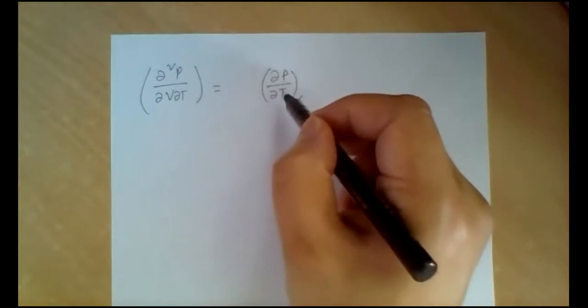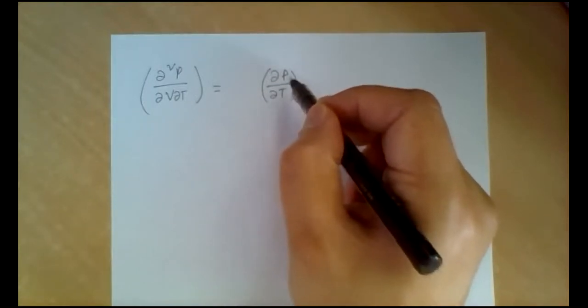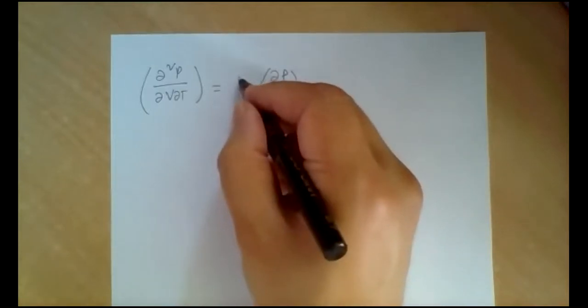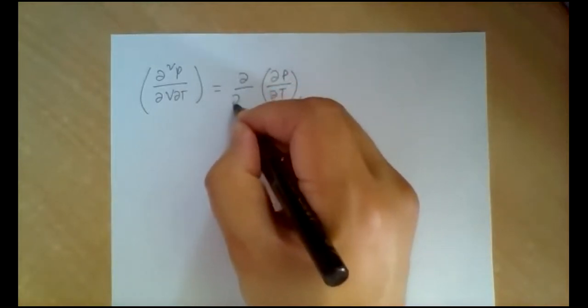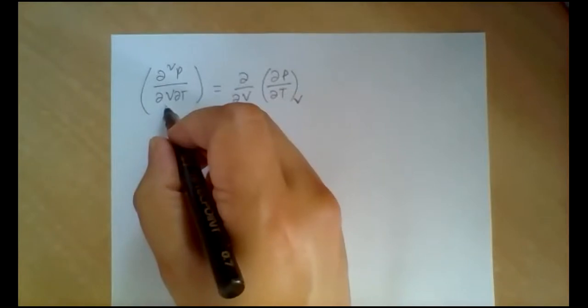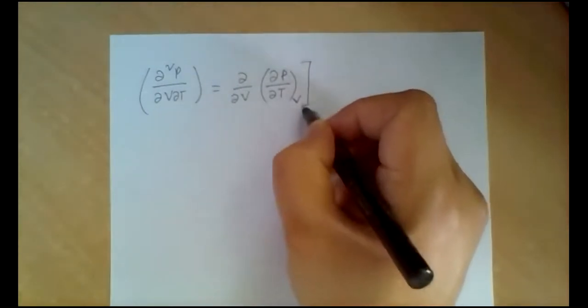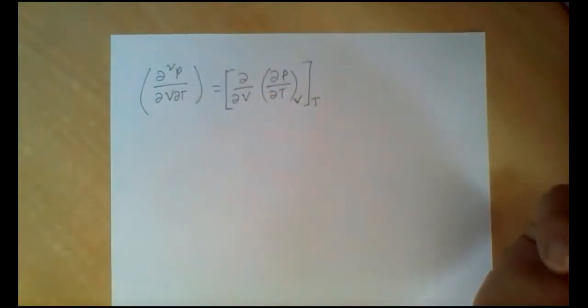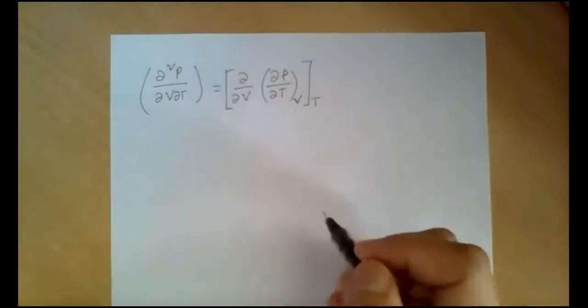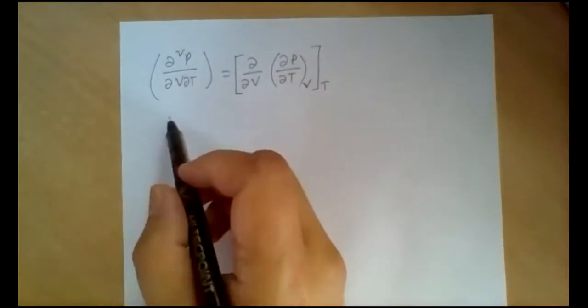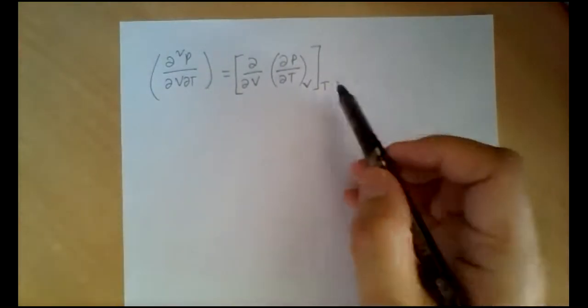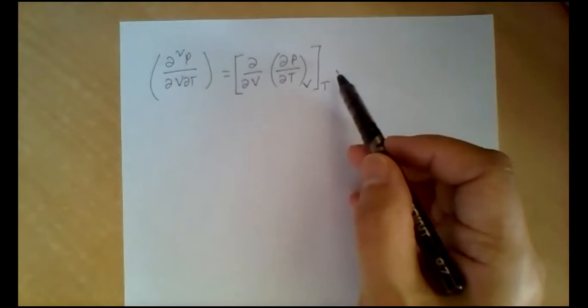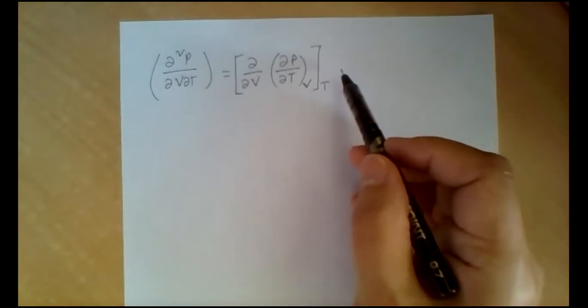This will be a function of T and V again. So now you differentiate this with respect to volume, keeping the temperature fixed. In thermodynamics, most of the time this is continuous.